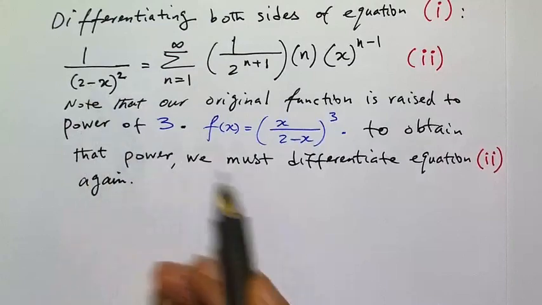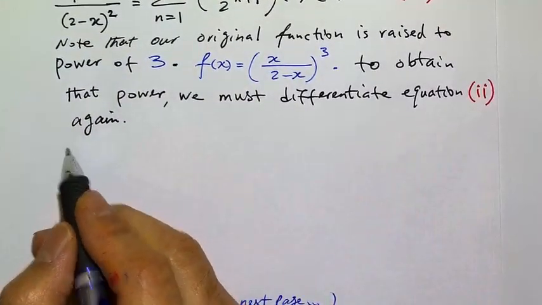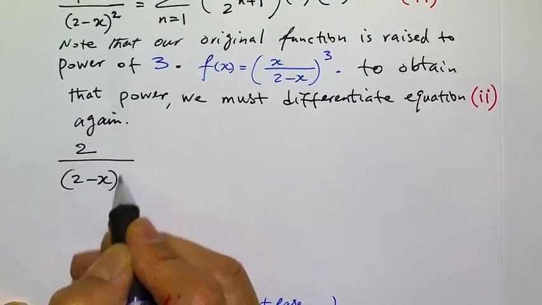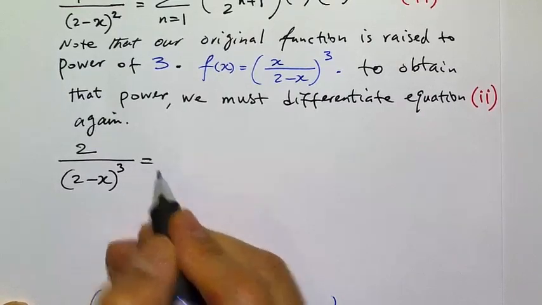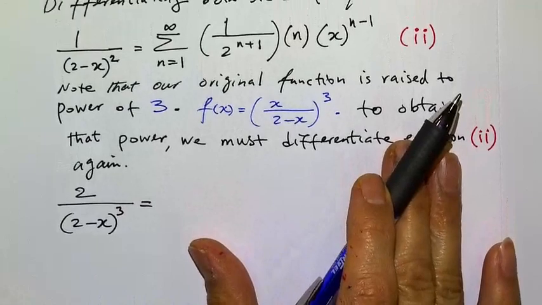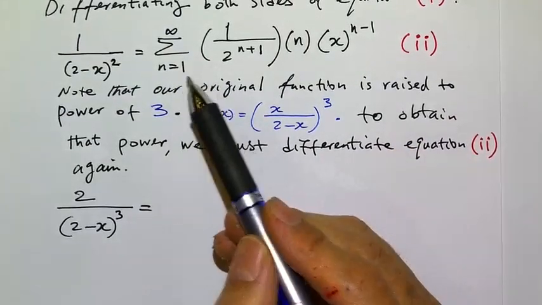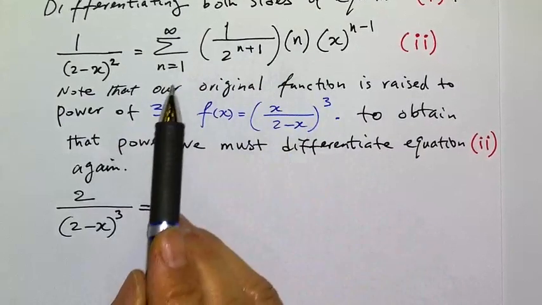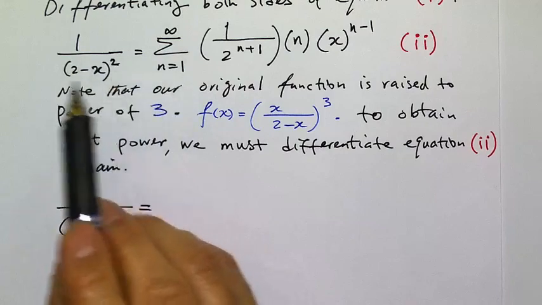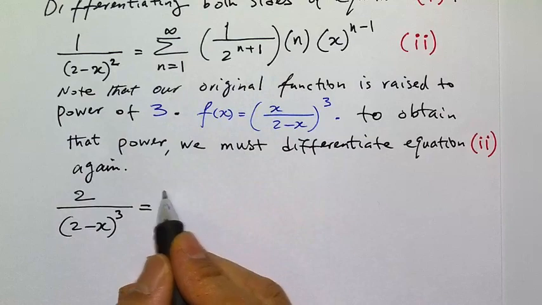So what do we get for that? Let me move this up a little bit. We get 2 for the left side, 2 over 2 minus x cubed, after simplifying. On the right, let me bring this down. I'm trying to include all of this on the screen. So when we take the derivative of the right side, this will increase again. It went from 0 to 1 when we took the derivative to get here. So this is going to be n equals 2.